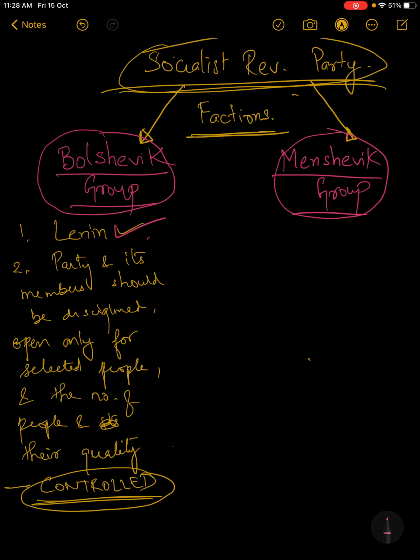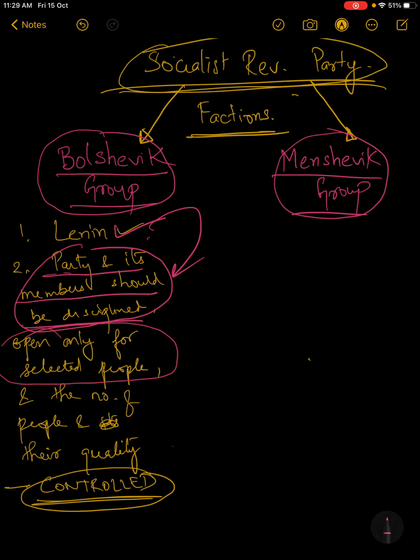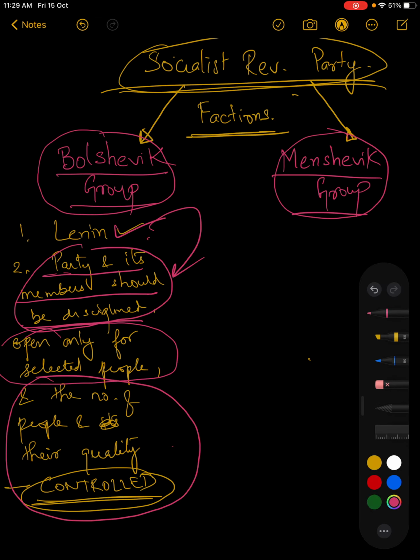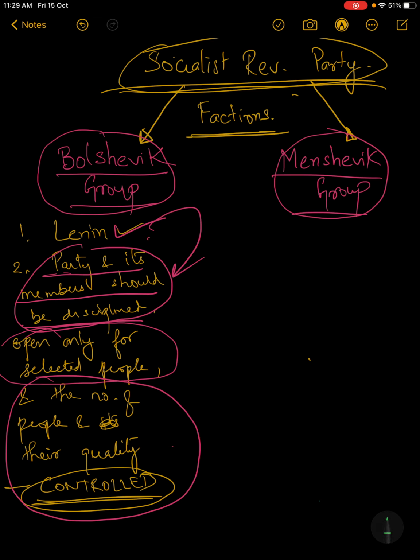So the Bolshevik group was led by Lenin. What was Lenin's ideology? Number one, that the party and its members should be highly disciplined. Then he said that the party should be open only for selected people, and that the number of people and their quality should be controlled. Mensheviks, on the other hand, were chilled.